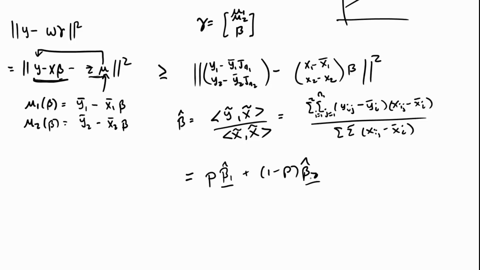Okay, so it is interesting to note that the slope from ANCOVA works out to be a weighted average of the individual group-specific slopes, where in this case p works out to be the summation of x1j minus x1 bar, over the double sum of x_ij minus x bar i, and this should have been squared, sorry about that.